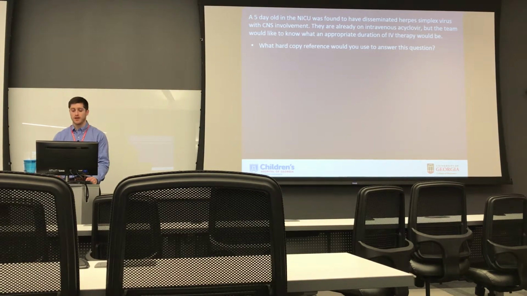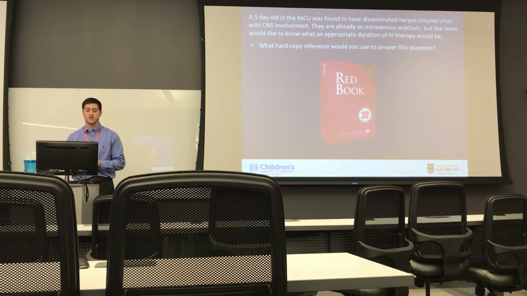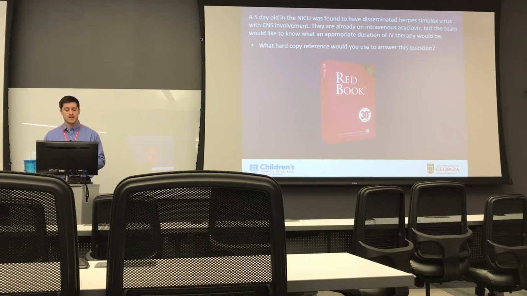I think I heard it here, but what you could use is the Red Book. Again, for all things pediatric infectious disease, it has a lot of really good information. So we could use the Red Book.